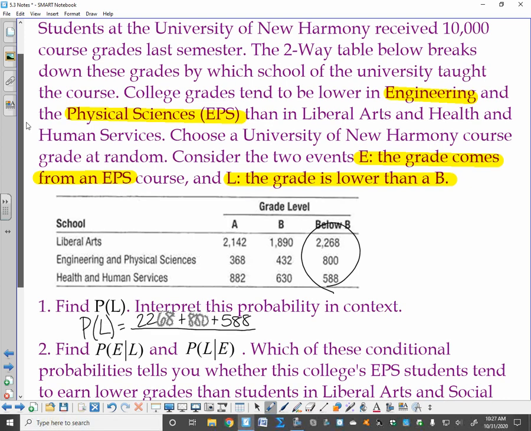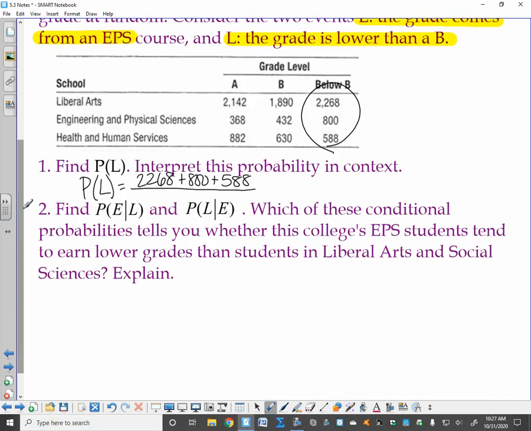Yep, received 10,000 course grades. So out of a total of 10,000, and that's 3656 over 10,000, which is 0.3656.